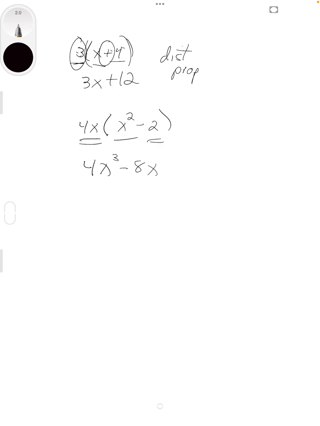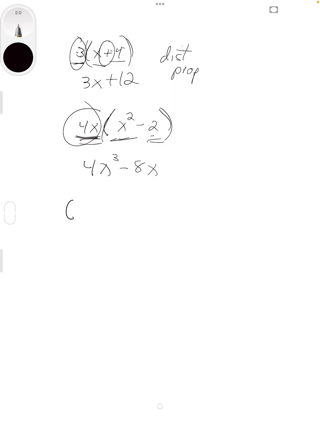So that's how you do it. If you have a number or a polynomial term in front of parentheses, we distribute that times each piece inside.